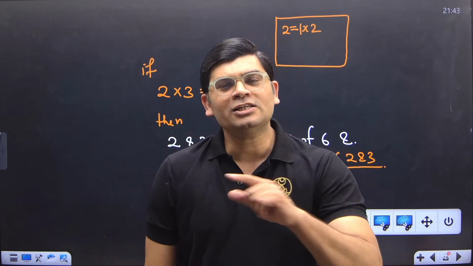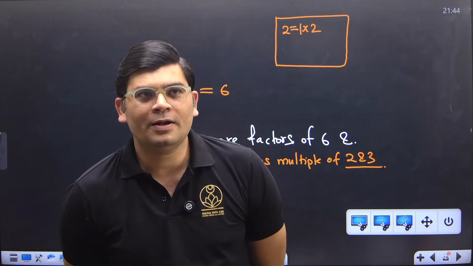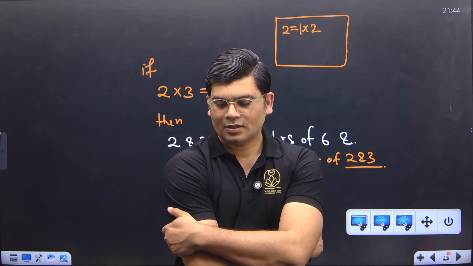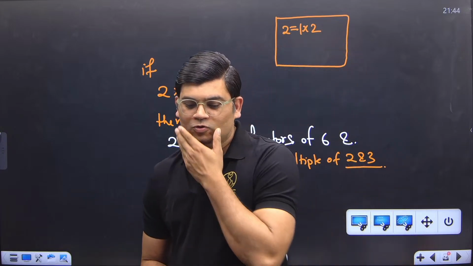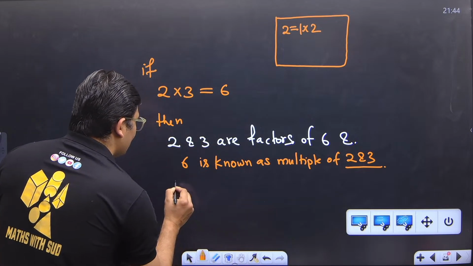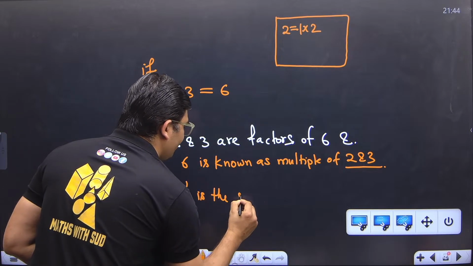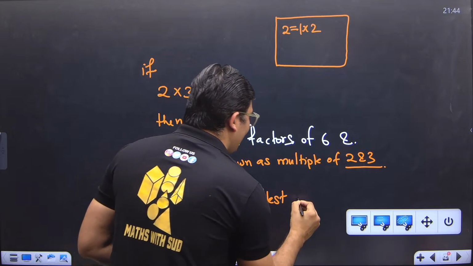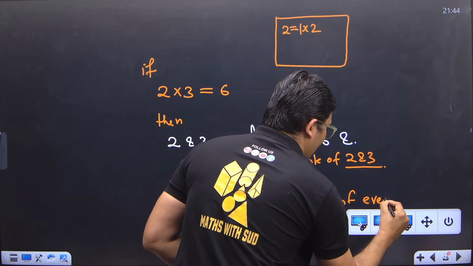And what is the highest factor of a number? Any number? Tell me. So we will write: 1 is the smallest factor of every number.